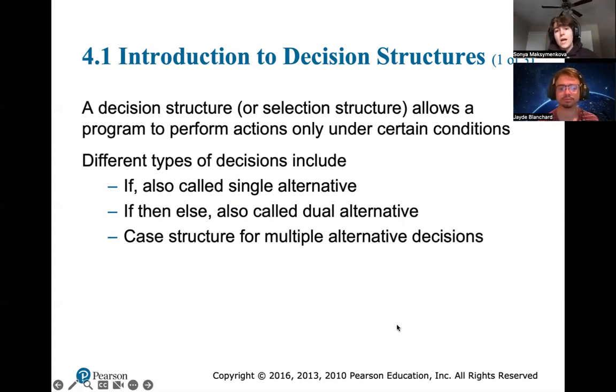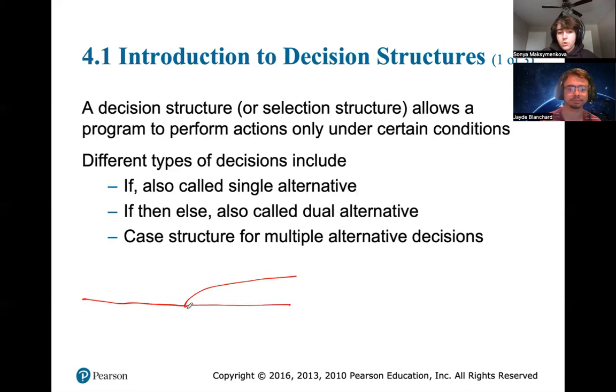Kind of think of it as you're standing in the middle of the road and there are different ways where you can go. Let me show you. Like we're coming in here and then we will have different ways for our program to go. We can either take route 1 or route 2 or route 3. So that's the general idea.